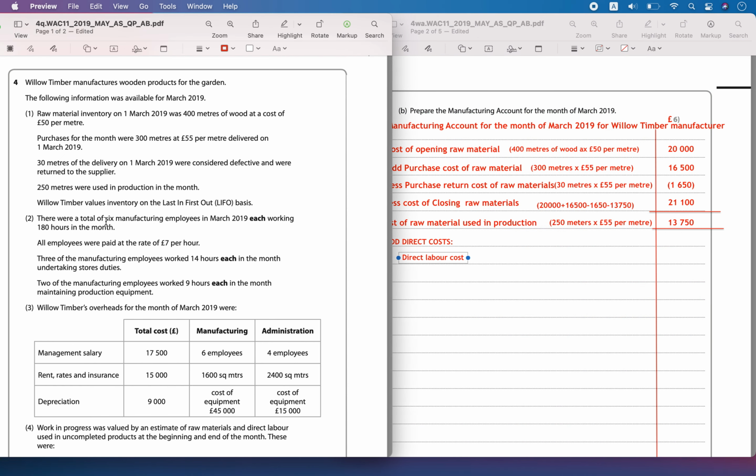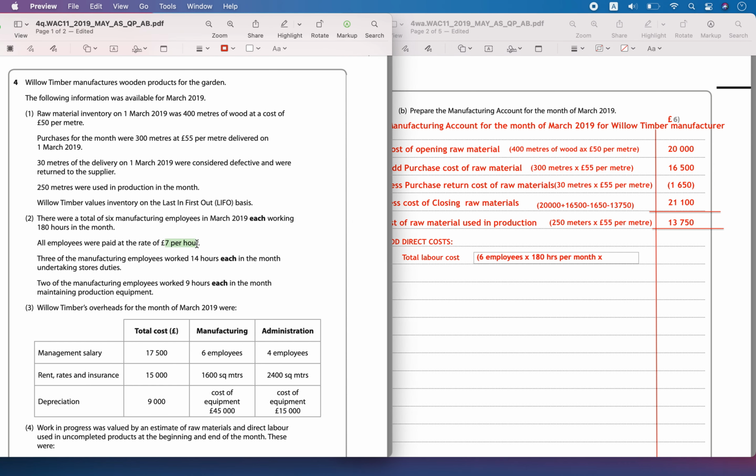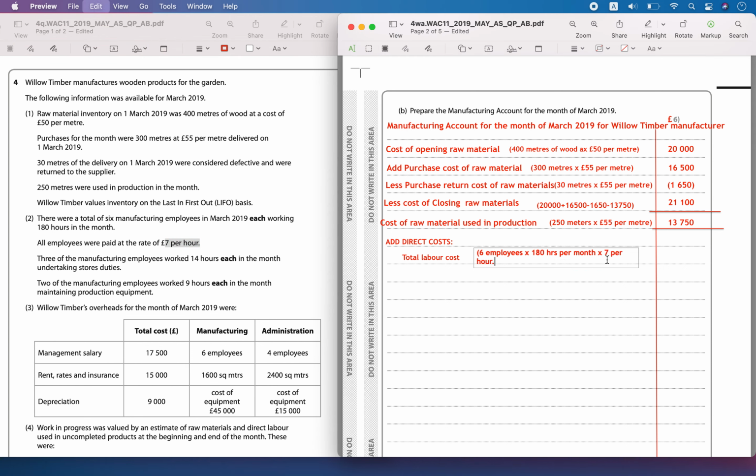We can see that there are 6 employees, each working 180 hours in a month, at the rate of £7 per hour.